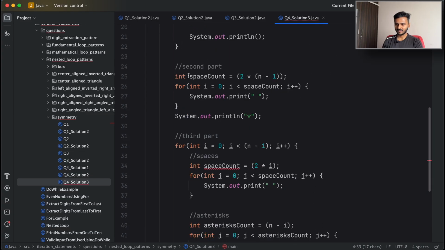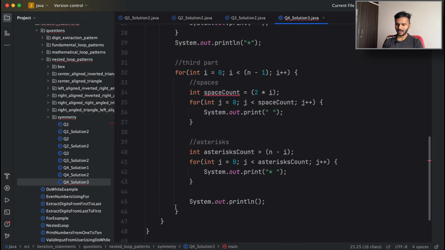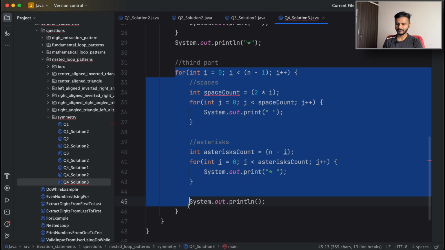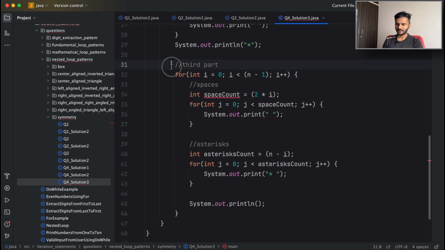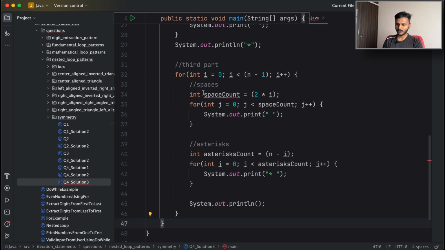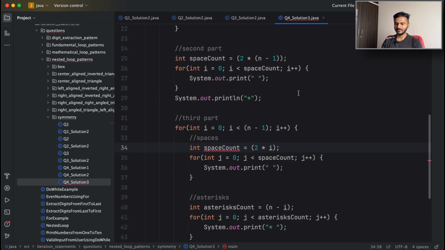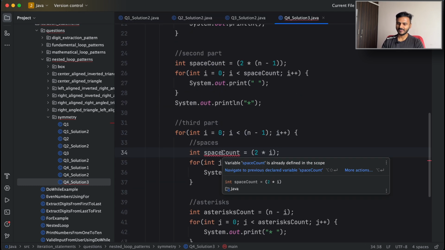So this spaceCount will be available from this point until the end of the main method, which also includes this for loop, right? Now, because the spaceCount variable is available in this for loop also, there's a conflict over here. The conflict is that we are declaring a variable with the same name again, right?